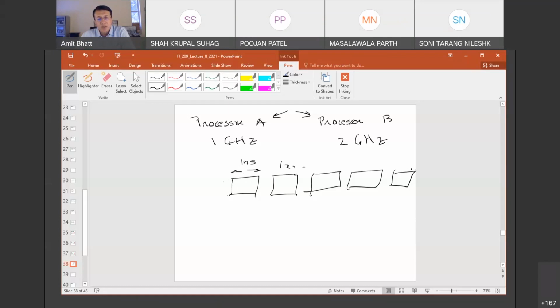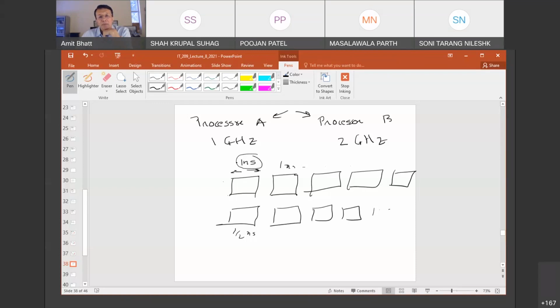and so on. Now, it may happen that this particular processor, the way it is designed, might be able to do much more work in 1 nanosecond than this processor is able to do in half a nanosecond. It may have designed a larger number of pipeline stages.